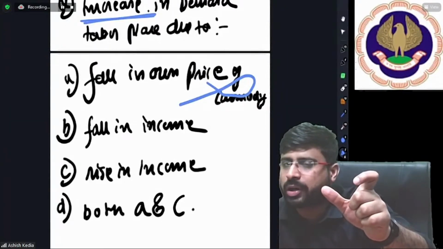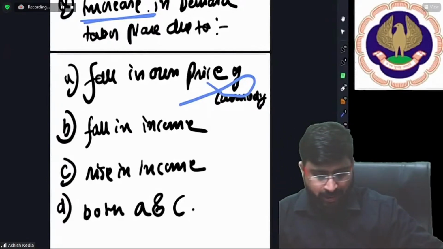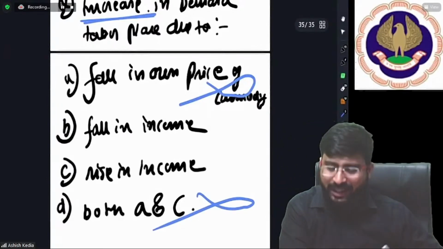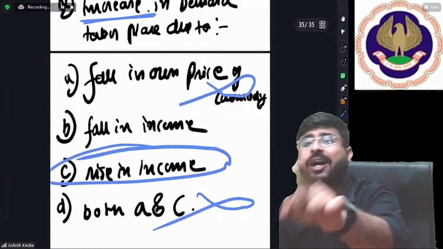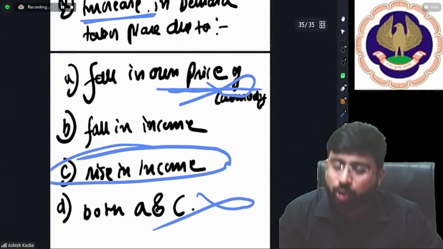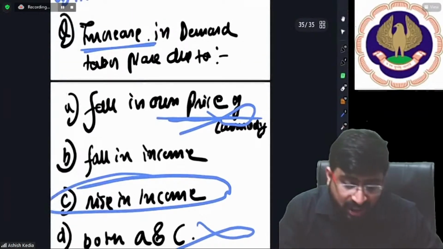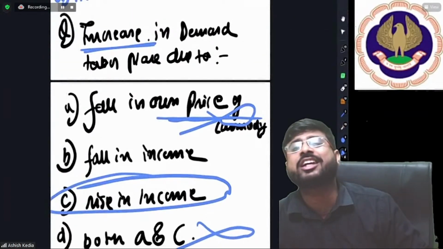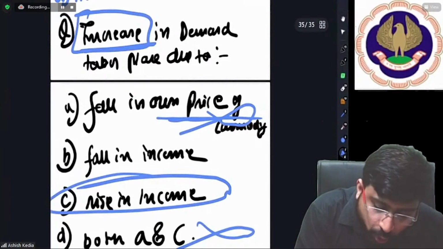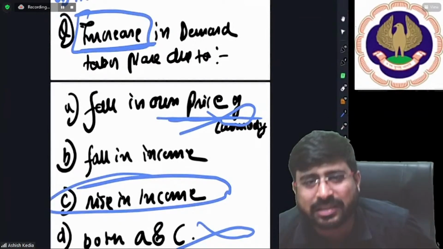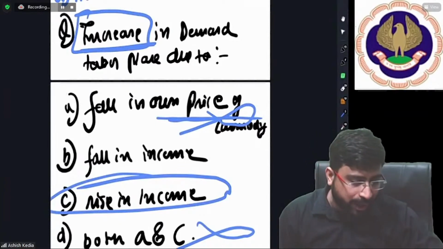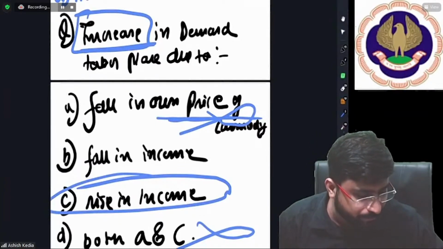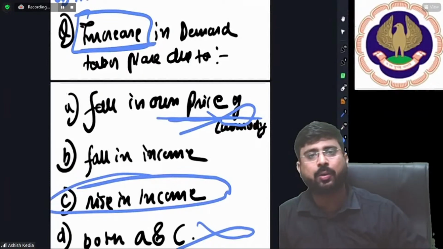Be careful with the words increase and expansion, okay? So it will not be both A and C. It will only be C, rise in income, because income is another factor affecting demand. I have given a tricky one now.